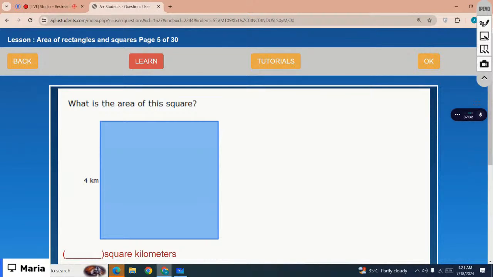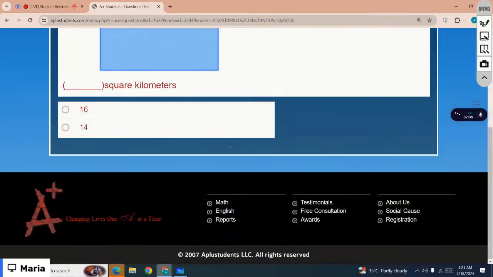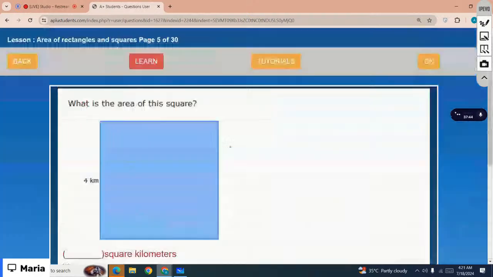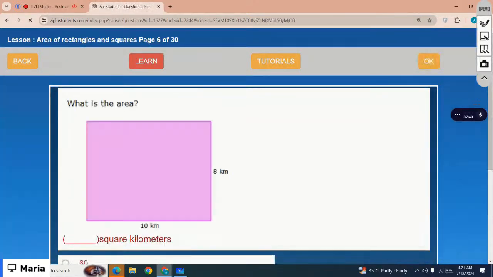Yes, you have to do side times side. So that is 4 times 4 makes 16. That is 16 square kilometers. Option number one is the correct option. Got it. What is the area? Which is the correct option?